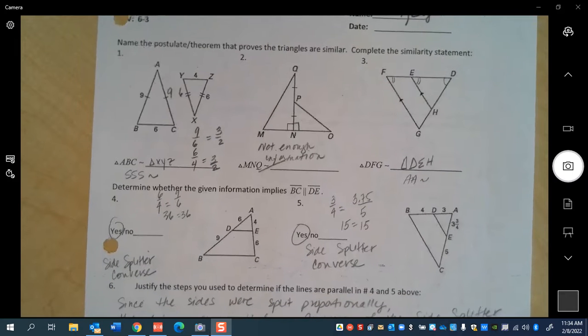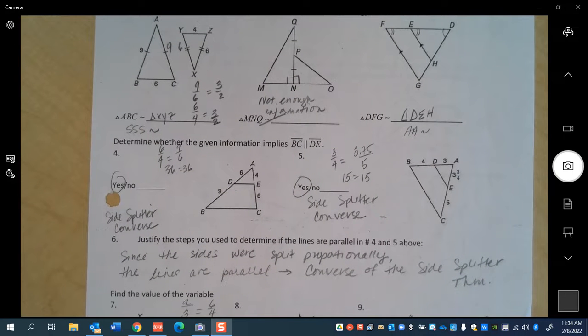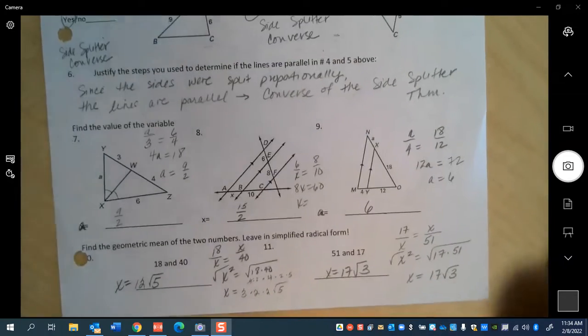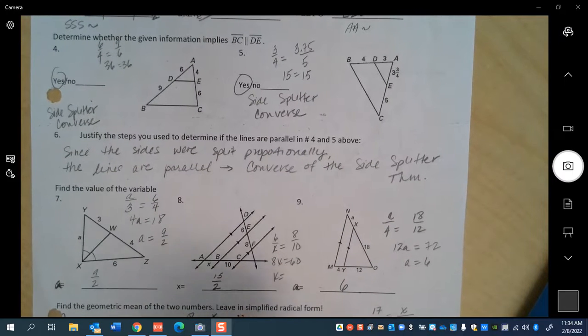Back to the homework. Any questions on 1, 2, or 3 with our similar triangles, the similarity statements, and the justification? Questions on 1, 2, and 3? All right. Questions on 4, 5, and 6?